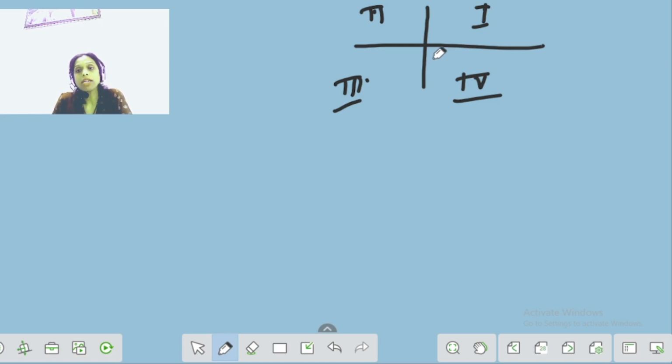Now, what is a principal solution? A principal solution is when you are taking a solution of x between 0 to 2 pi.